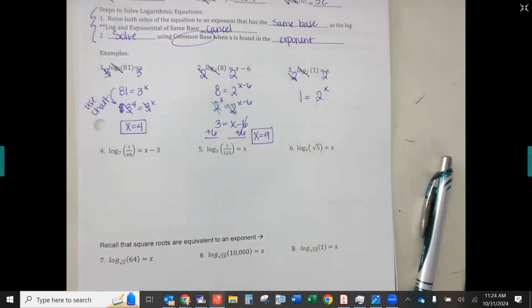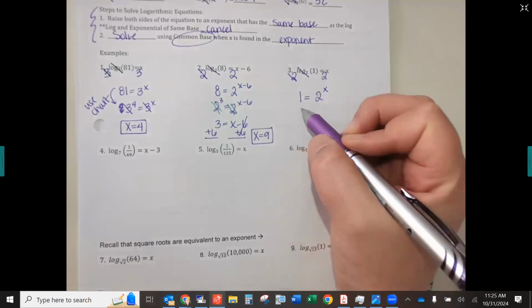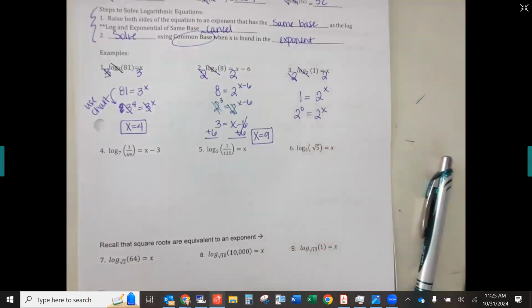Okay, in your notes, I want you to turn to example 7. Example 7, this is from last time's notes. What power can I put on any base to turn it into a 1? 0 is correct. So if I want my 1 to be a base 2, I'm going to do 2 to the 0.